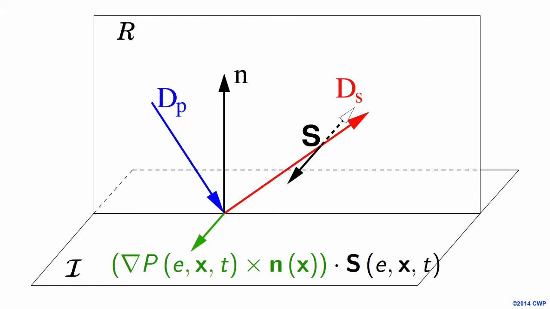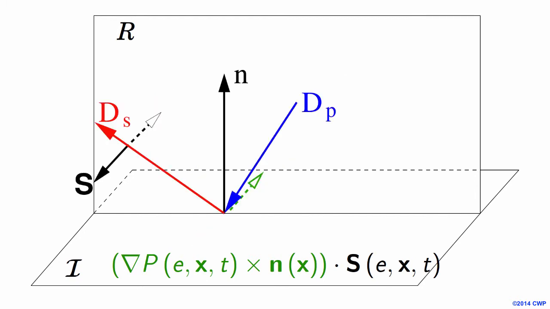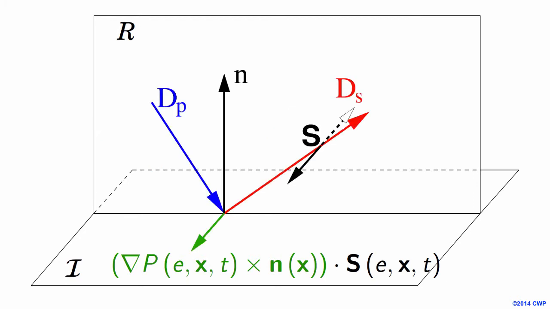This is a case where the wave propagates from left to right. In the other case, when the wave propagates from right to left, this green term in the equation also gives us an arrow that is orthogonal to the reflection plane, but is pointing inward, compared to the other case where the vector is pointing outward. This difference introduces a sign to the imaging condition, which corrects for the polarity change automatically.